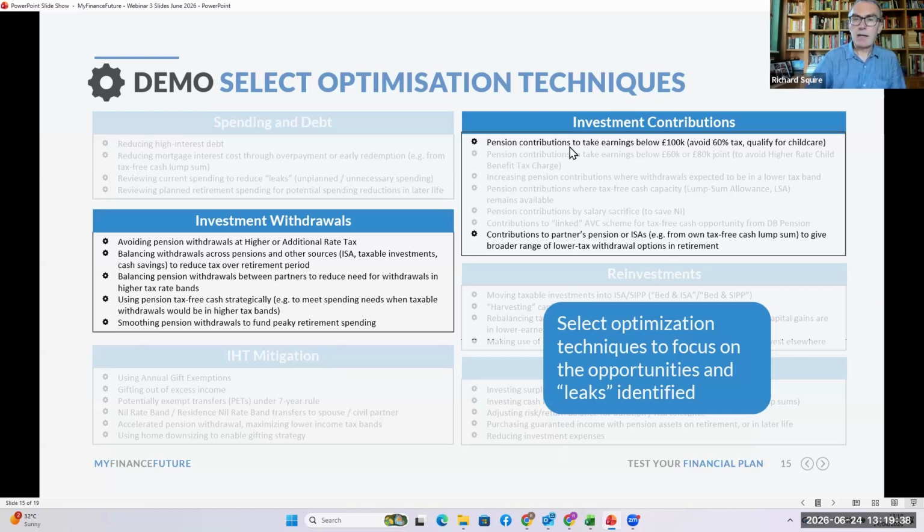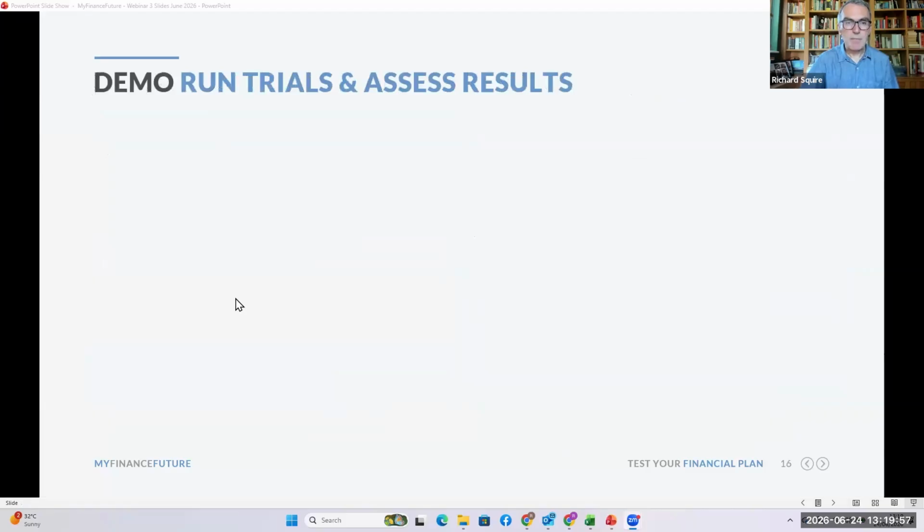And finally, on the contribution side, trying to avoid earnings above 100k, which obviously attracts higher tax rates, and making contributions to partners' pensions to again set up that opportunity for a more efficient withdrawal strategy. So those are the things we'll look at.